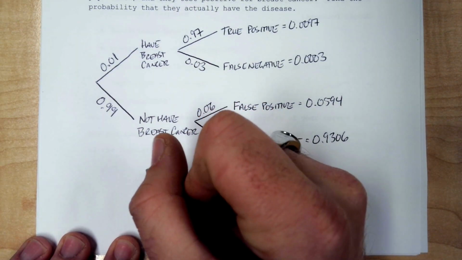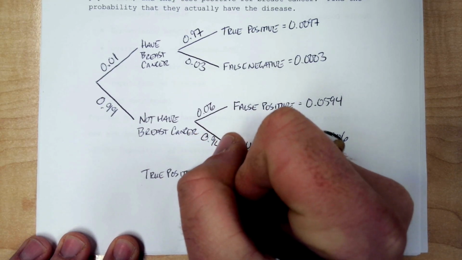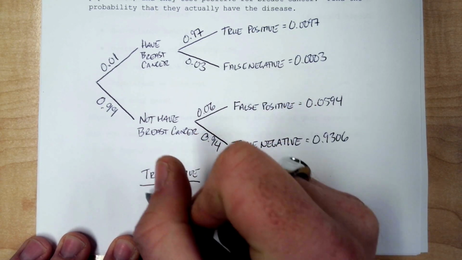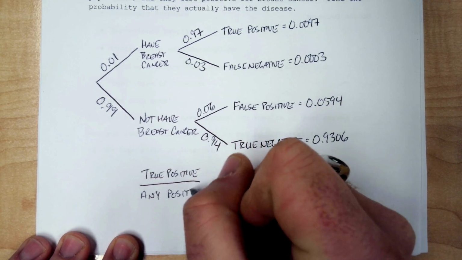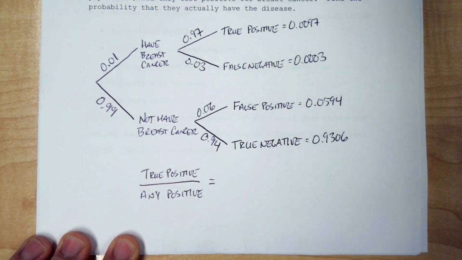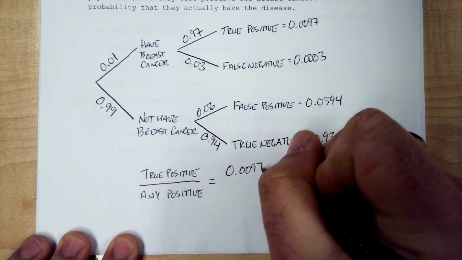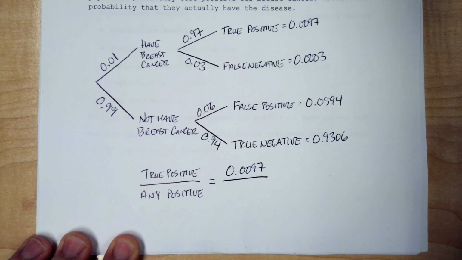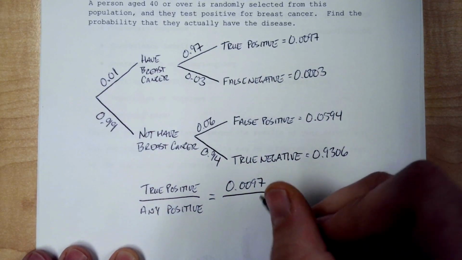So we're kind of looking for a true positive chance out of any positive. So the true positive chance was 0.0097, and any positive chance would be both the true positive and the false positive added together.